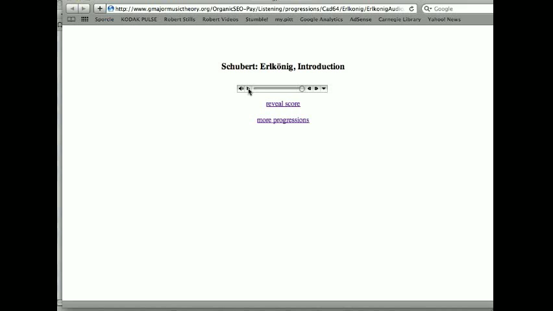Well, we have a little difference of opinion here. So let's play it again. Was it bum, bum, bum, octave below the top? Or bum, bum, bum, which is something else completely. We would have to figure out what that was exactly.